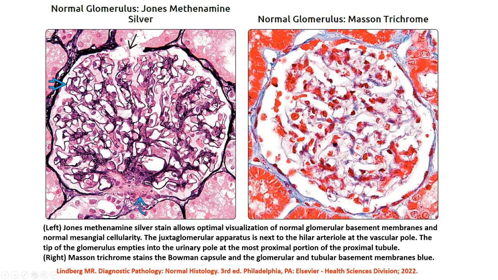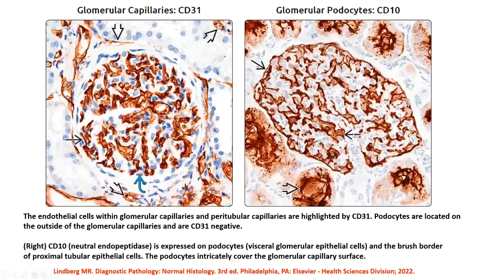So you have these glomerular capillary loops, which are open rounded tube-like structures, and at the base you have got this black stained glomerular basement membrane, that is the capillary basement membrane, which is picked up with Jones methenamine silver. And Masson trichrome also highlights the important relations because it tends to pick out the Bowman's capsule as a bluish stained structure which is present around the glomerular capillary loops.